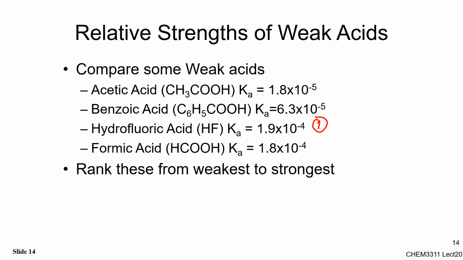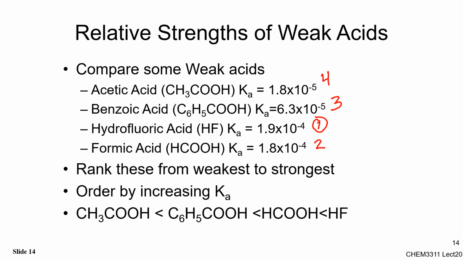And the smallest, or fourth place, is going to be acetic. The next one after hydrofluoric would be formic, and benzoic acid would fall in between. Okay, so we got the ranking exactly as we ordered them.